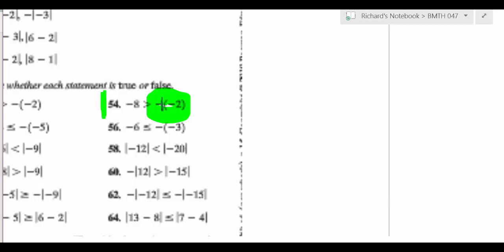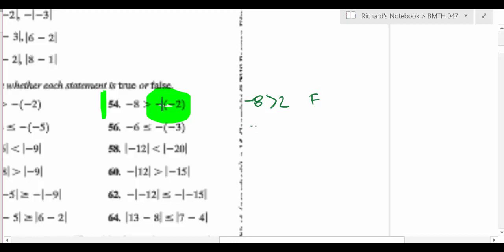What question 54 is saying is that we have -8 greater than positive 2. That's not true because -8 is to the left of 0. So this is a false statement. Now number 56, again we have a double negative.